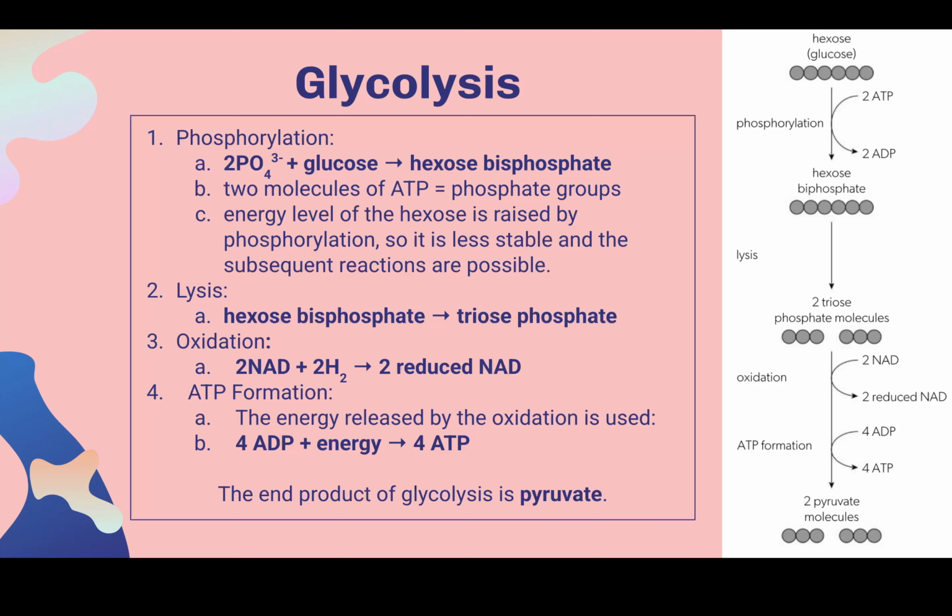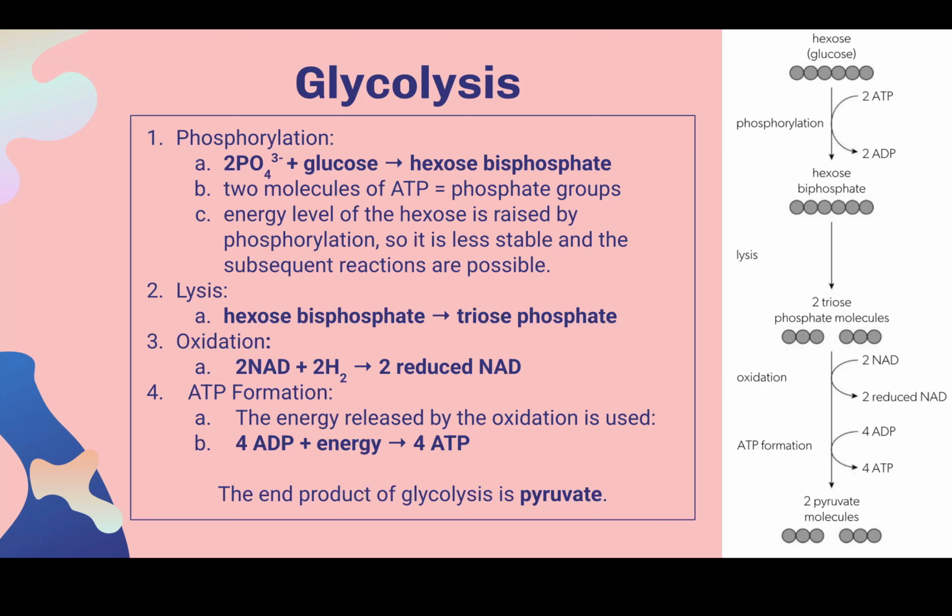So what happens is that 2 ATP get converted into 2 ADP, and then the 2 phosphate molecules from the ATP get added to the glucose, which forms hexose biphosphate, which, again, in the simplest of terms, is glucose and 2 phosphates. Like, it's just in the name.